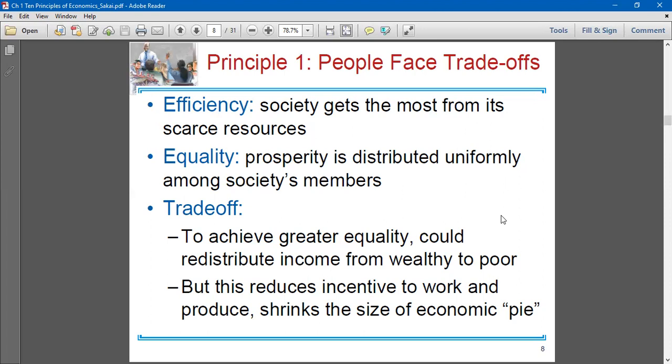The total product of the country is going to be low because people are not working, and that too is going to be a cost to the entire society. So as the government is trying to get income equality, it is also sacrificing economic growth.